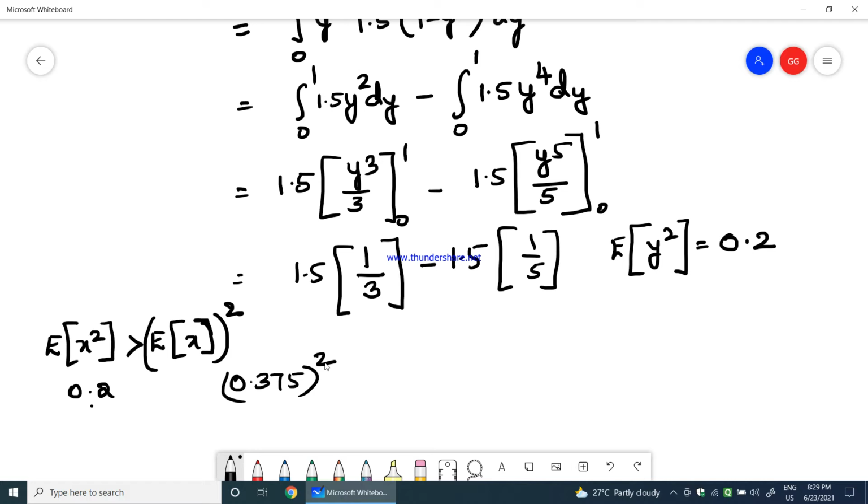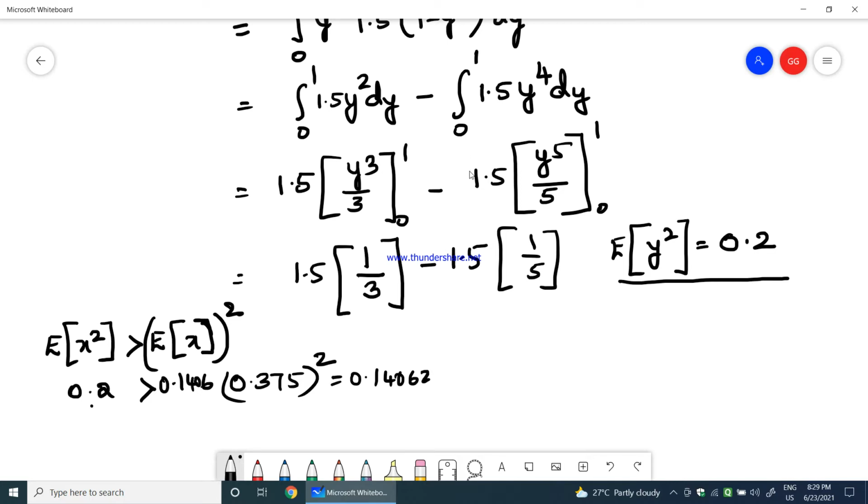It is 0.140625. So E of x square is definitely greater than 0.1406, which is E of x the whole square. Therefore, whatever E of y square we have obtained is perfectly right. So this is the cross verification of the answer that you get.